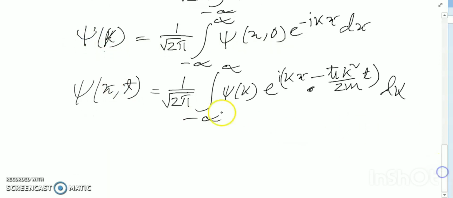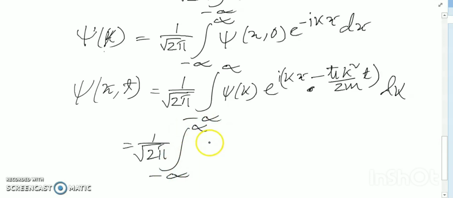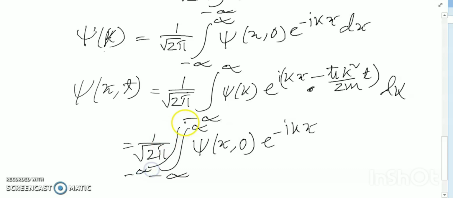So this psi k value is equal to the integral of psi of x comma 0 e to the power minus ikx, and another integration from minus infinity to infinity.